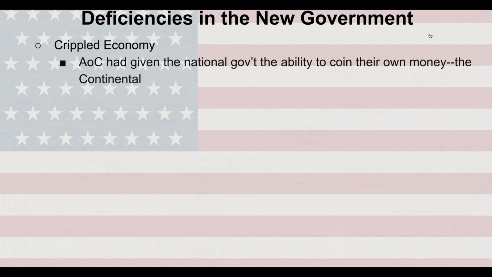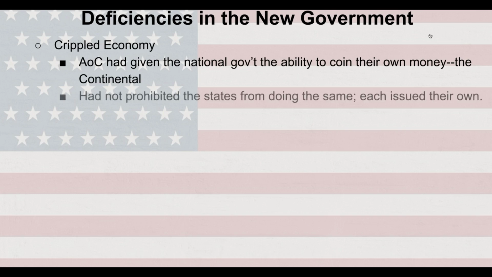The Articles of Confederation had given the national government the ability to coin their own money, which incidentally became known as the Continental, but they had also not prohibited the states from coining their own money. And so each individual state is going to issue their own currency.